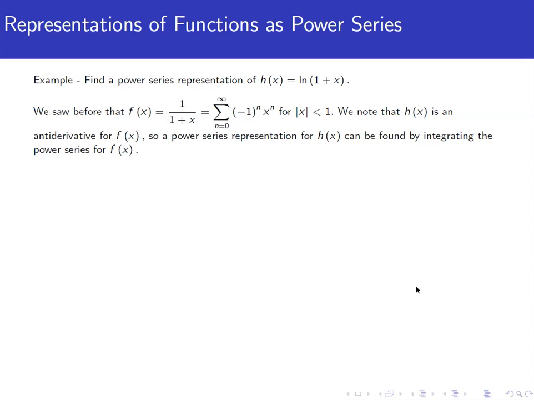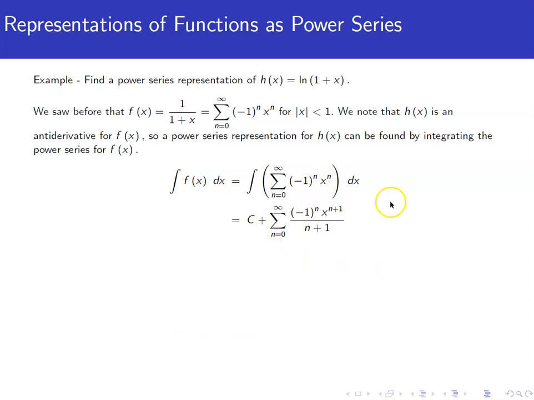So we can find a power series representation for h of x simply by integrating the power series for f. So again, the nice thing the theorem says is that we can integrate term by term. So do an antiderivative here. We'll add 1 to the exponent, divide by the new exponent. So we get x to the n plus 1 over n plus 1. Still starts at 0. And then we have an arbitrary constant.